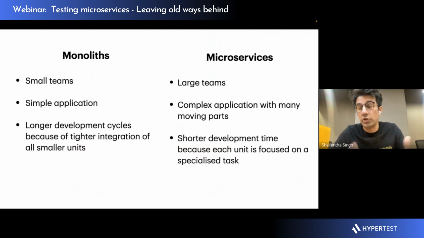And the third reason, which affects all of us, is that we want to make new features live for our users as soon as possible. With a monolithic structure, with a large, complex, slow-moving code base, it becomes increasingly difficult to keep adding new changes and make them live to your users at a quick pace.